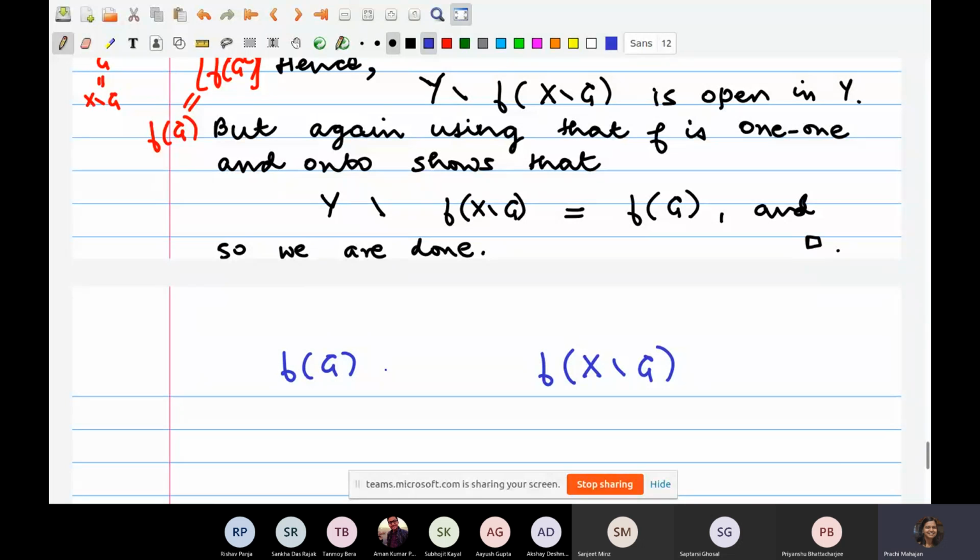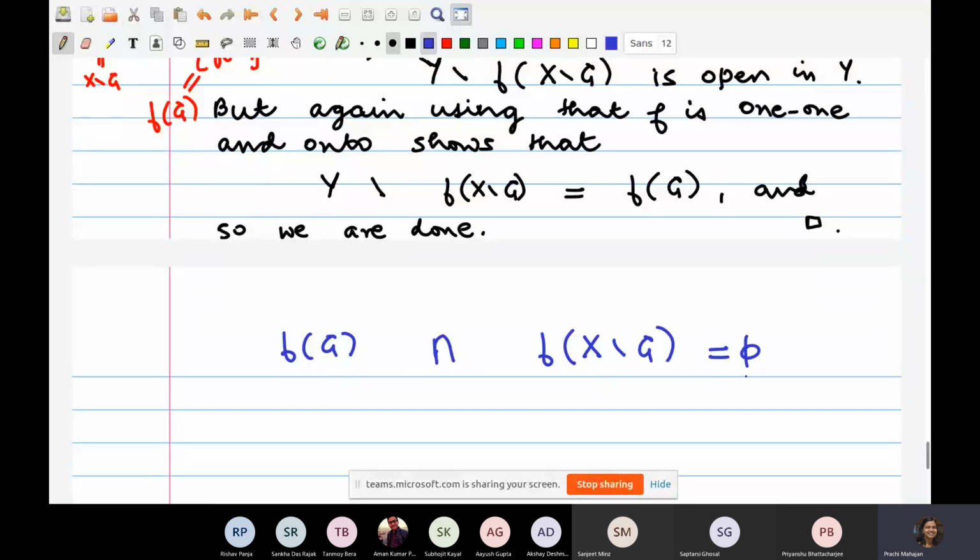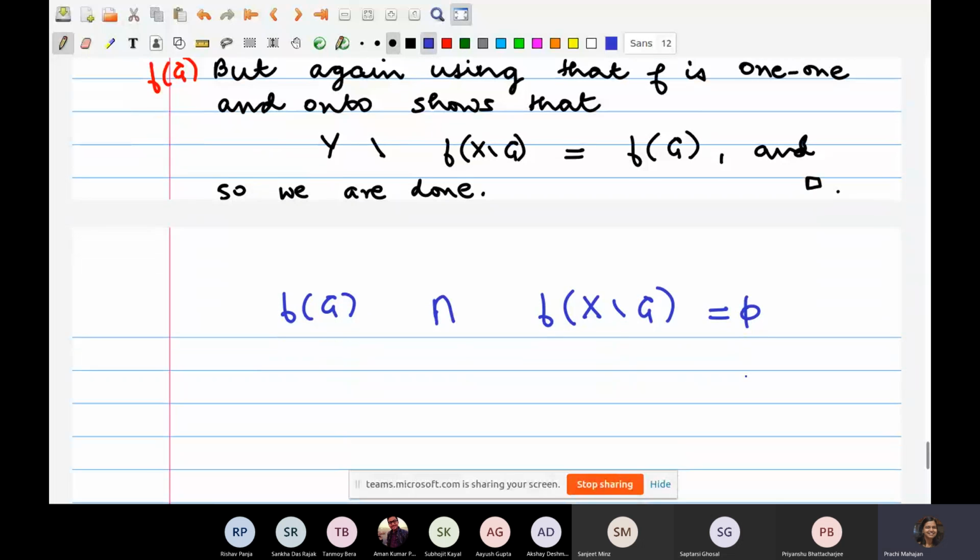Yes, because f is a map from X onto Y. Now, since f is one-one, this intersection is empty. There is no point which can be mapped to both of these sets simultaneously, since there's no point in both G and X minus G. Does everybody agree with me? This is the first thing that I have written in blue, using the fact that f is one-one.